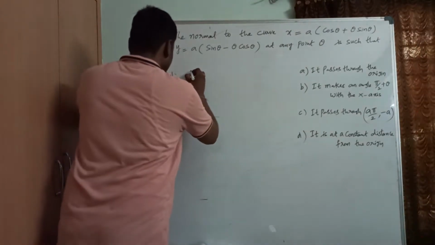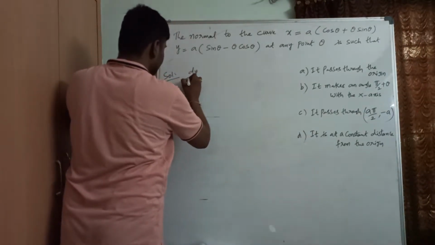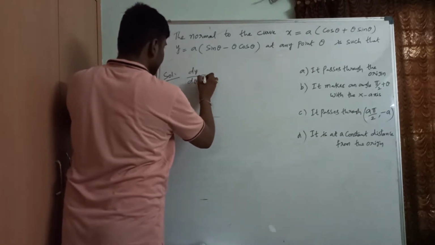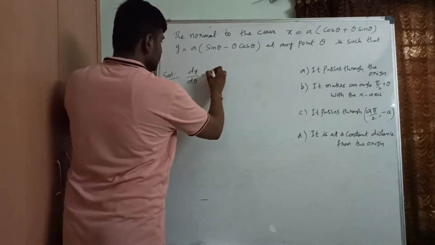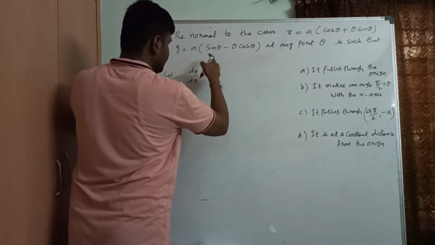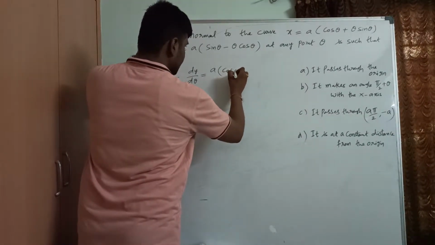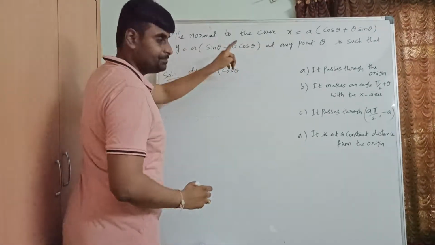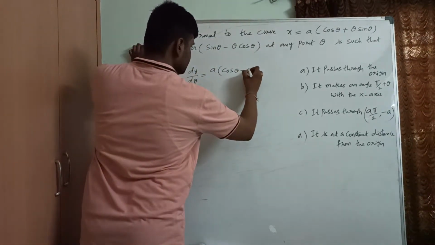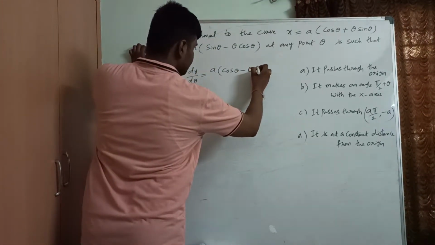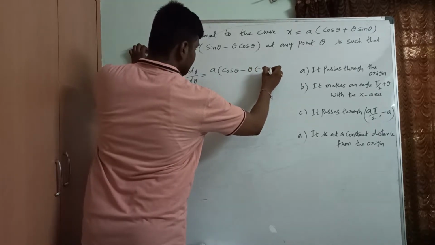So first of all, let me find out dy by d theta. Okay, differentiate this. A into derivative of sin theta, a constant outside, derivative of sin theta cos theta. Now this is in the UV method. Minus theta as the derivative of cos theta minus sin theta.